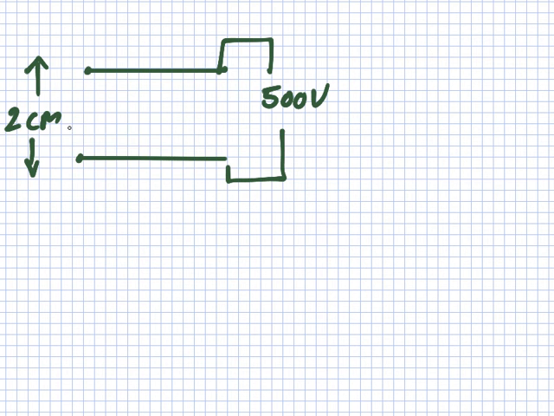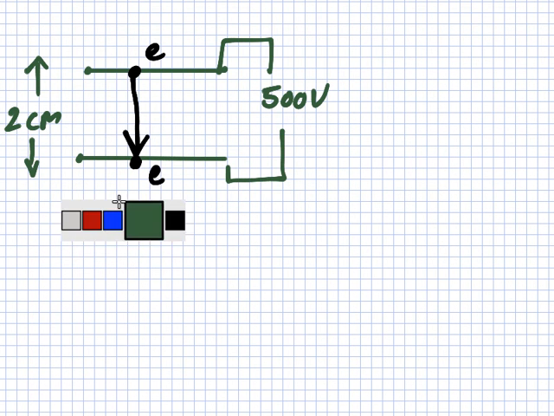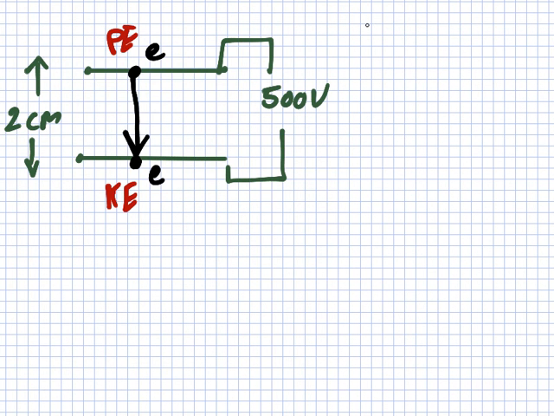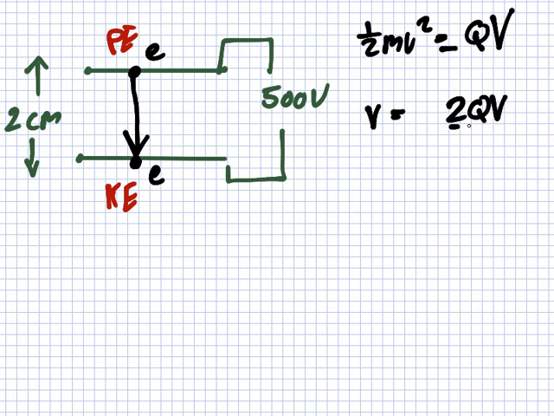And here is just a little old electron. And it will fire down and hit here. It has kinetic energy here. It had potential energy here. The kinetic energy at the end equals the potential energy at the beginning. So the v is equal to the square root of 2Q voltage over mass.